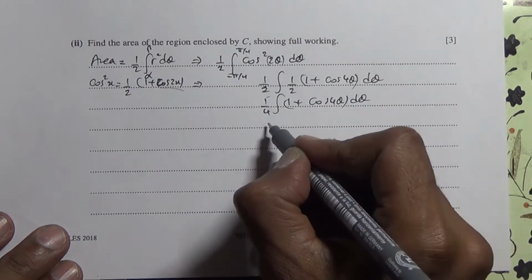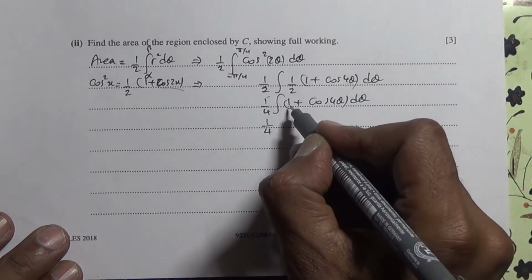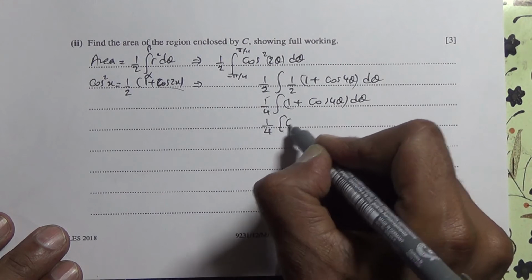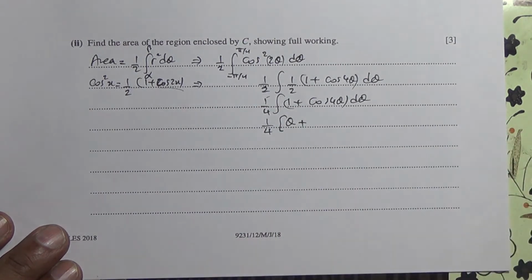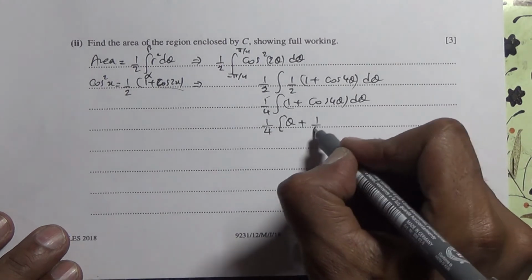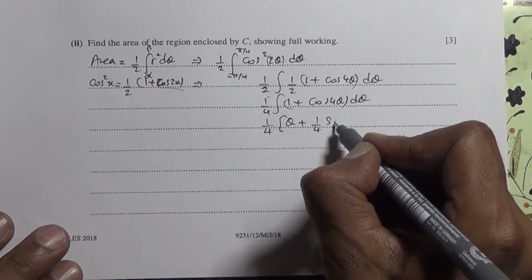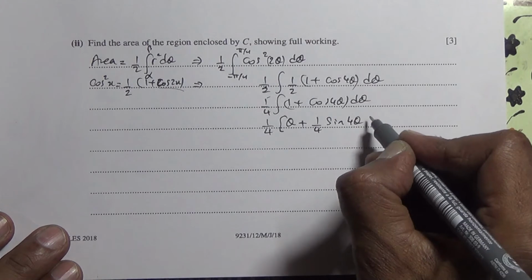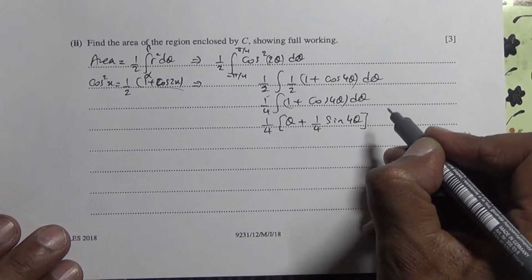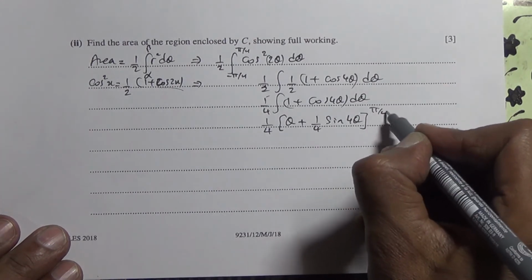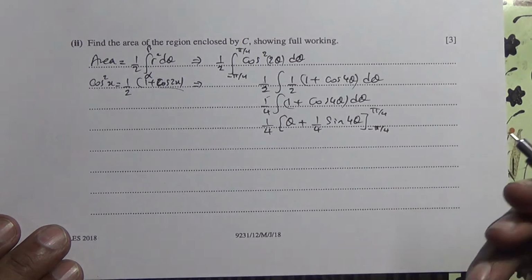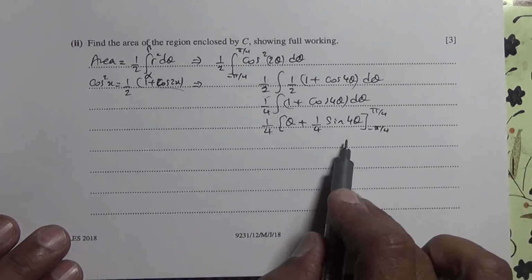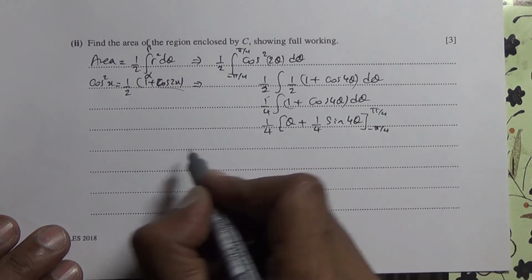This is again 1/4 of theta, plus if you integrate cos you're going to get sine, and over here 1/4 of sine 4 theta. Now this is our full integral, and the limits again from what we've been given, from minus pi over 4 to pi over 4. Substituting the limits, it's not very difficult.